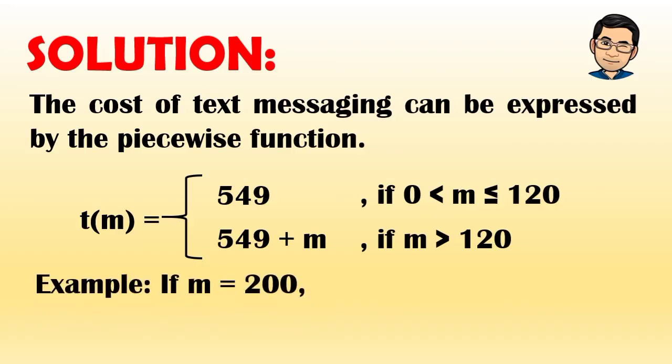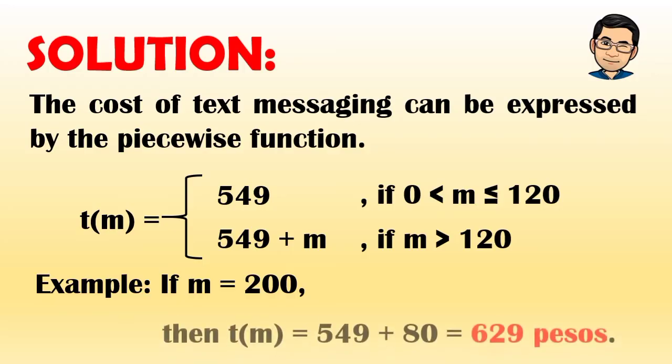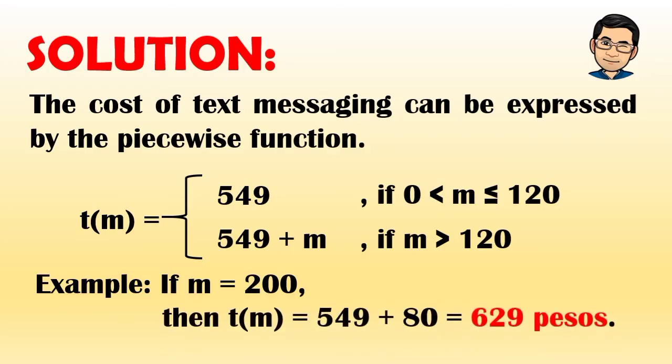Example, para mas maintindihan nyo. If m is equal to 200, so yung m na to, 200 messages yung total na send na messages ni Mrs. Peña in a month. Then, T of m is equal to 549 plus 80. So, bakit 80 lang?